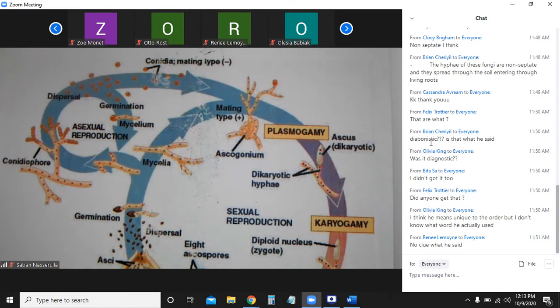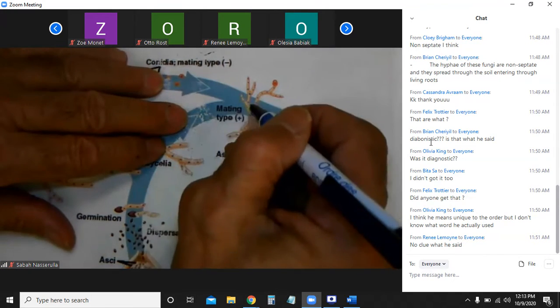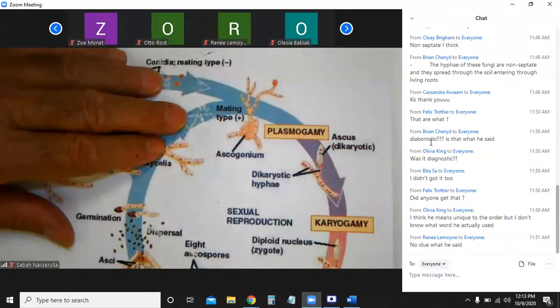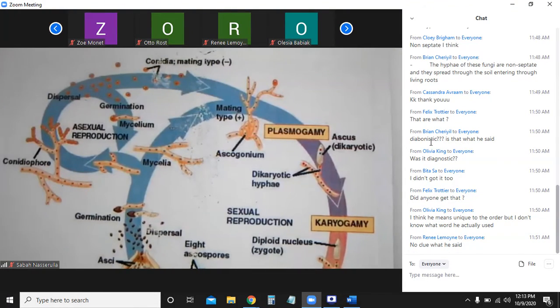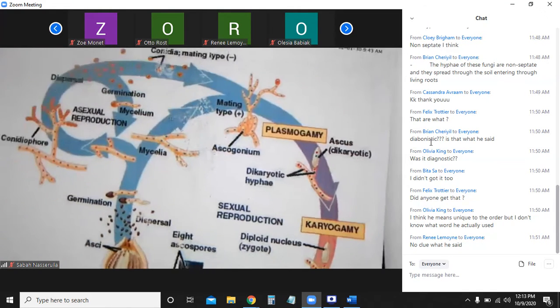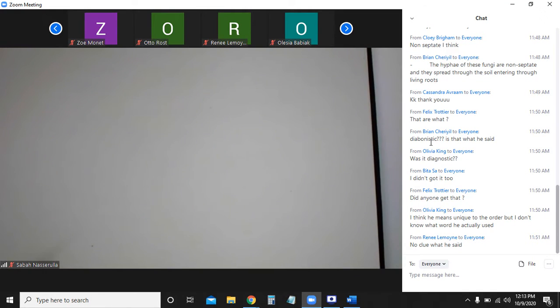Now, when the two nuclei unite in karyogamy, and then meiosis occurs, they produce the spores. In the case of the ascomycetes, I'm going to explain this one here.